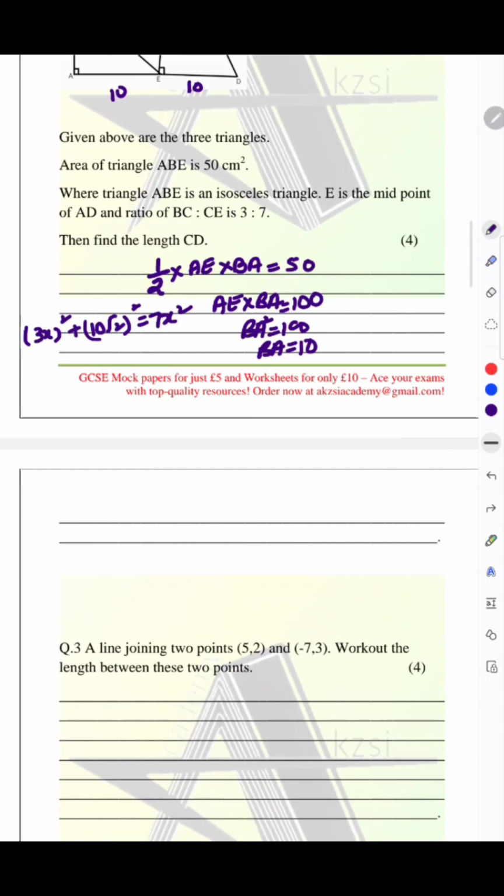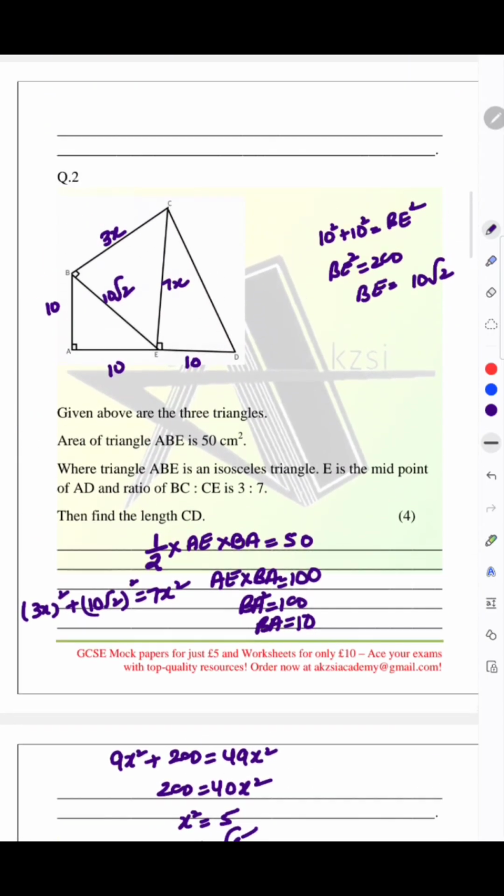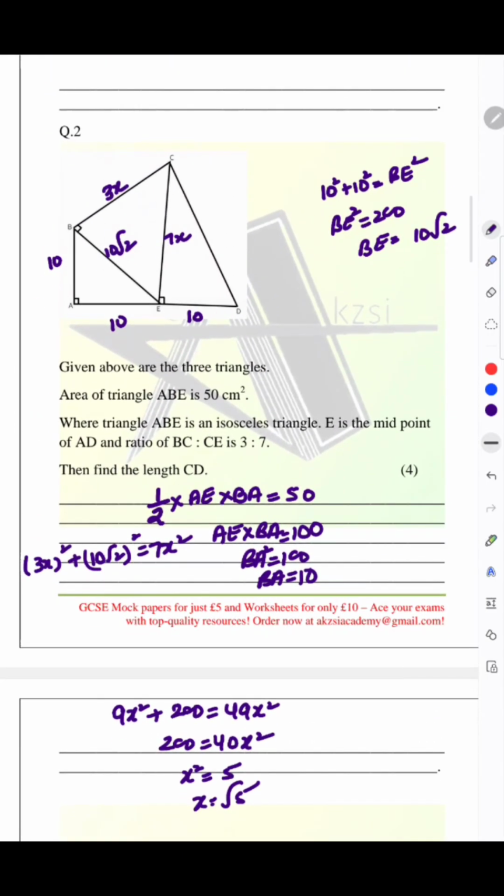Now I can solve: 9x squared plus 200 is equal to 49x squared. Bringing it over, 200 is equal to 40x squared, and x squared is equal to 5, so x is equal to root 5. That means this will become 3√5 and this will become 7√5.